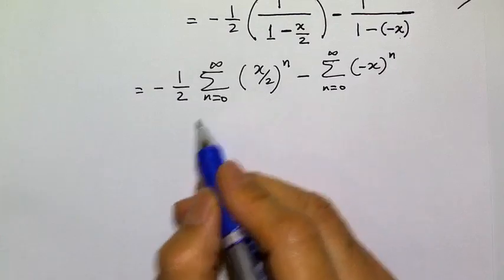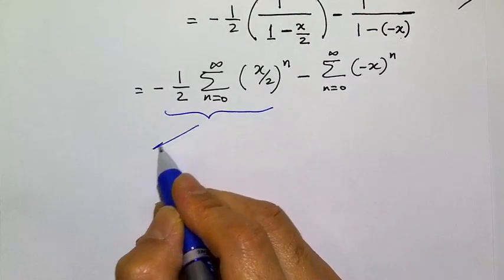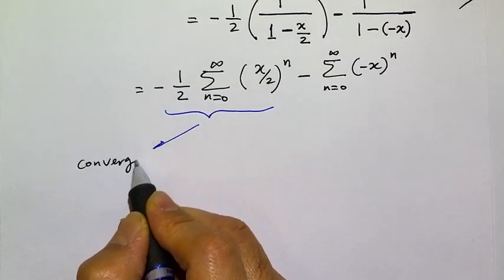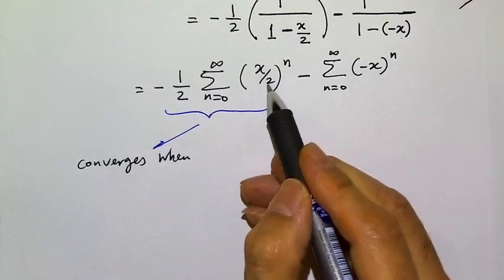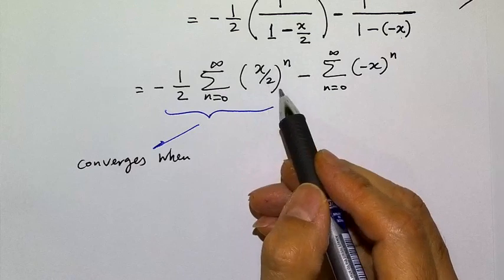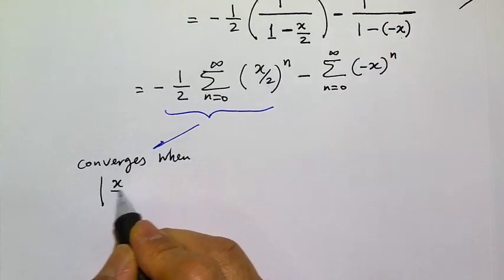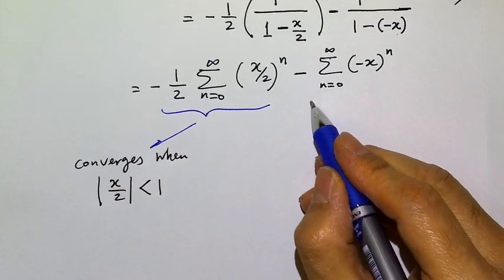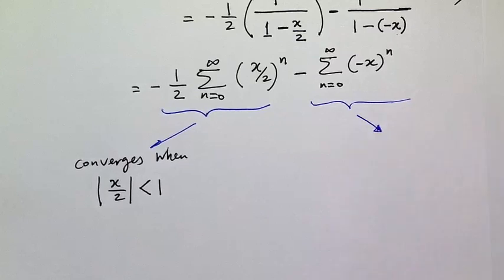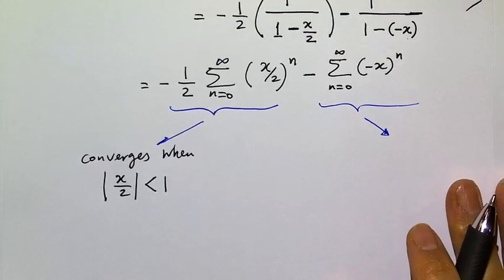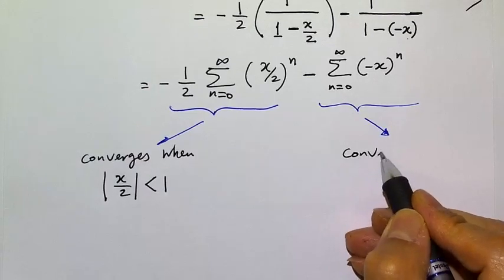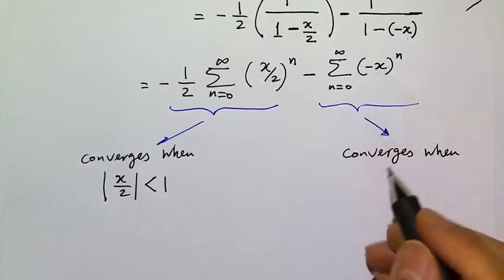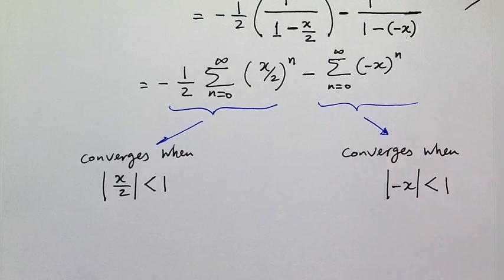For this one, this series converges when absolute value of x over 2 is less than 1, right? Like that. How about this one? Well, this one converges when absolute value of negative x is less than 1.